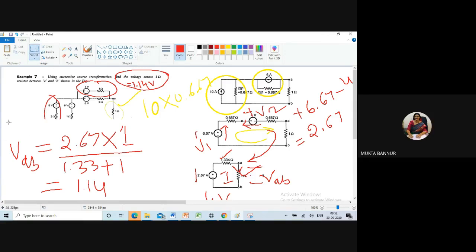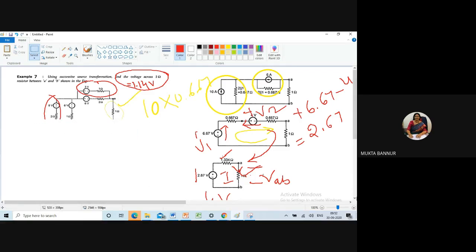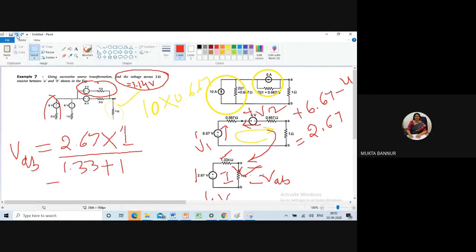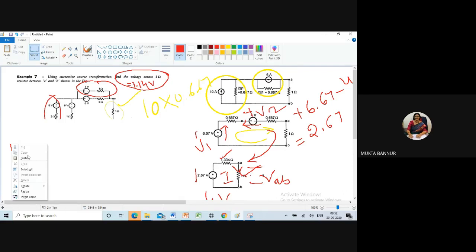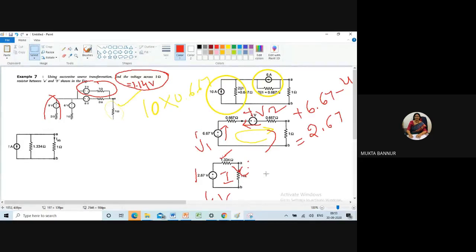See, I will be doing the same example by transferring this voltage source into a current source. Now, this is an equivalent voltage source. We have got it after resolving this circuit, right?